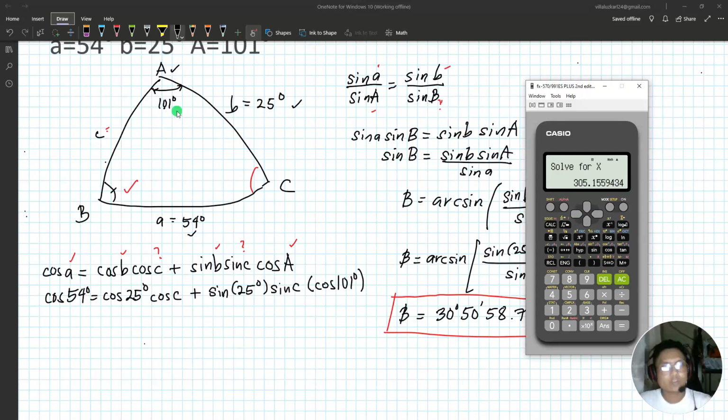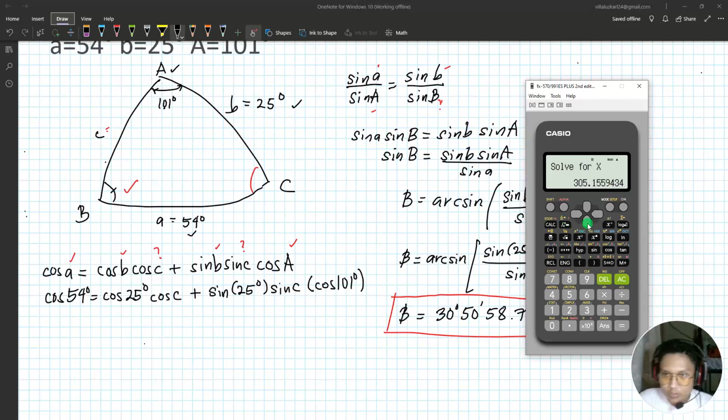Based on our figure of the spherical triangle, I think our angle will not exceed 180 degrees, because that's not realistic, and it will not be negative. So it is a positive value from 0 to 180 degrees.